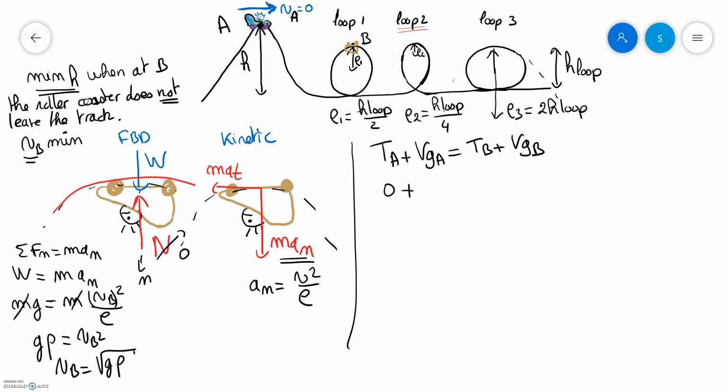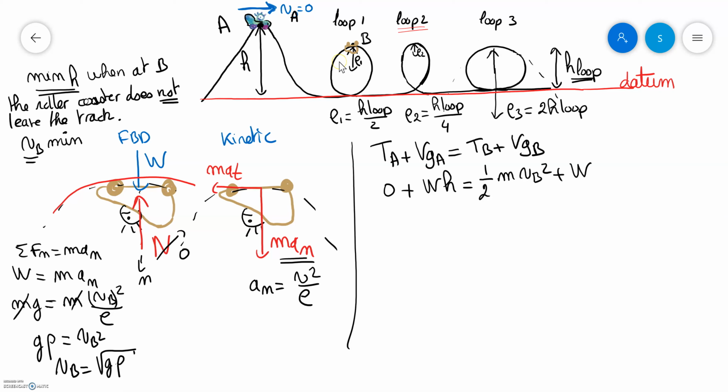We need a datum, so let's put the datum there. That's the 0 for the potential energy. So VgA is equal to W times H, and it's plus because it's above the datum. It's equal to TB, which is 1/2 m VB squared, plus W times the height of the loop.